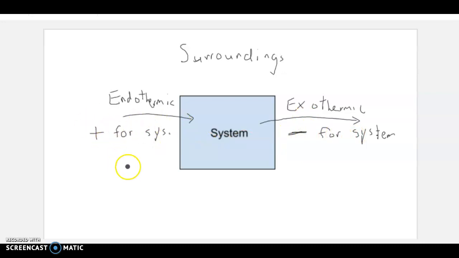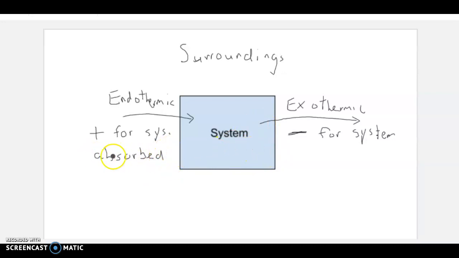Some of the terminology that you might see in a problem that tells you it's endothermic, the most common one is probably absorbed. When it talks about heat energy being absorbed, that means heat energy is positive for the system and it is endothermic. There are some other terms too, so read the problems carefully, and the terminology will tell you the direction of the energy flow.